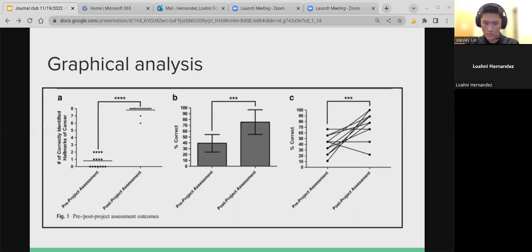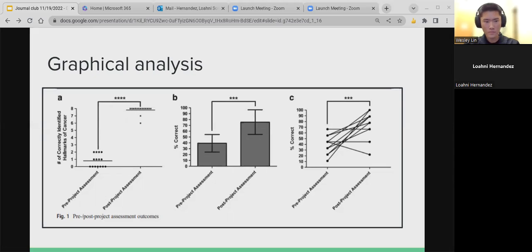In graph A, you can see how in the pre-project assessment, at most, students were getting 2 hallmarks correct. This most likely correlates with cell proliferation and evasion of cell death. Those were the most common ones students were able to identify correctly. Afterwards, in the post-project assessment in figure A, we see that the average student identified all 8 hallmarks.